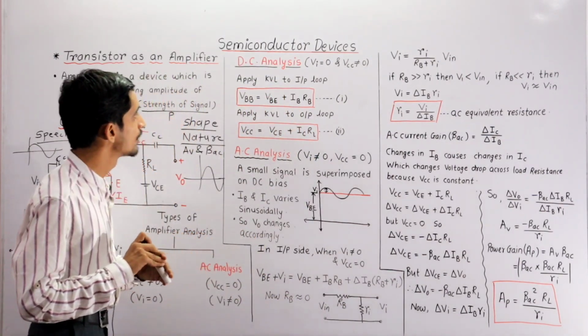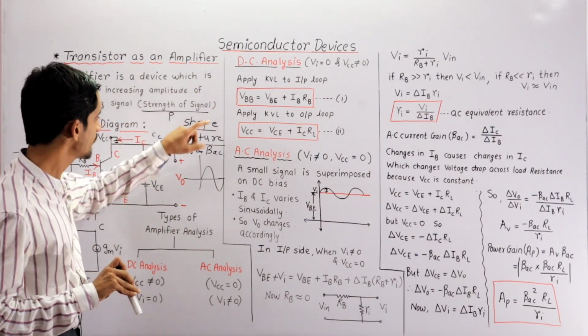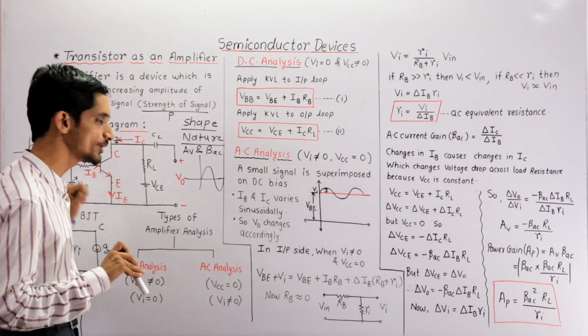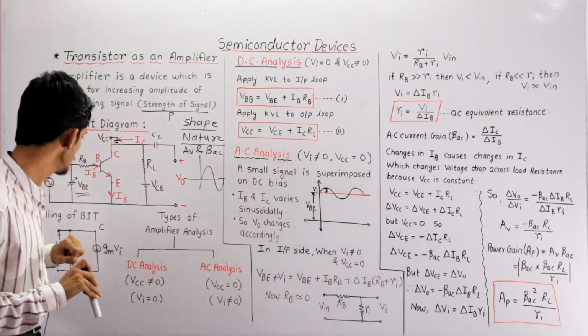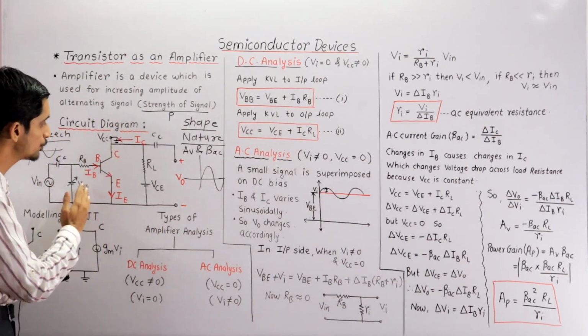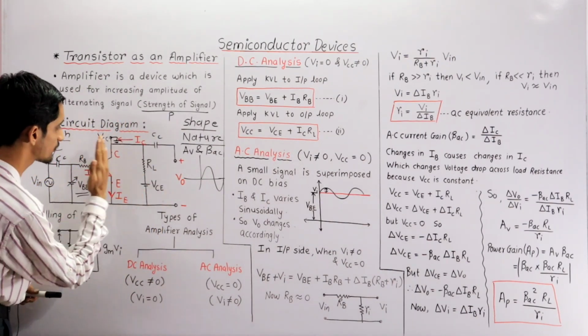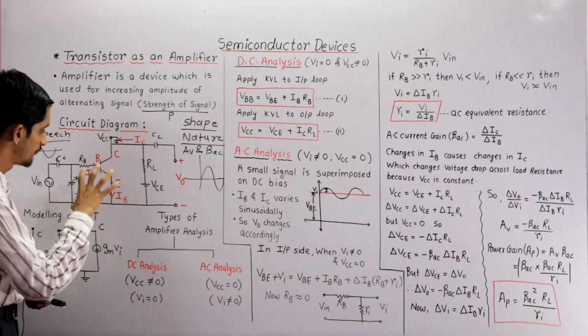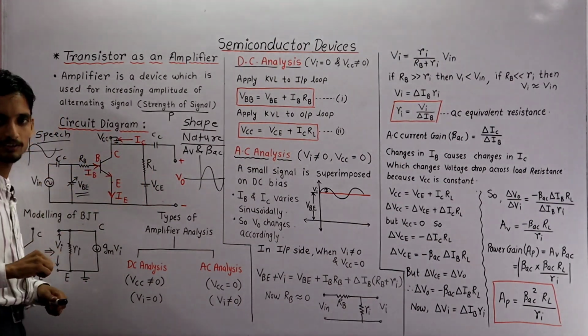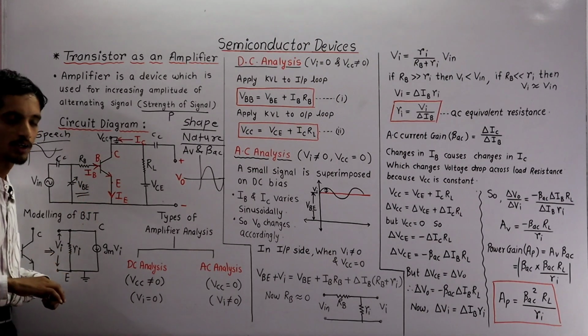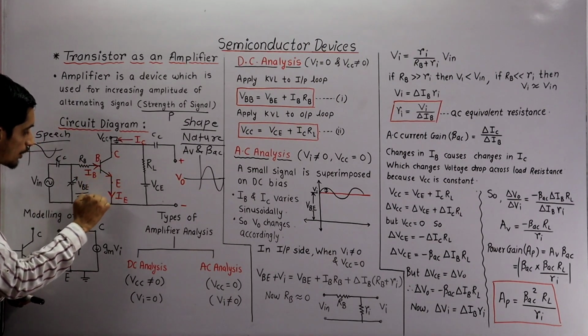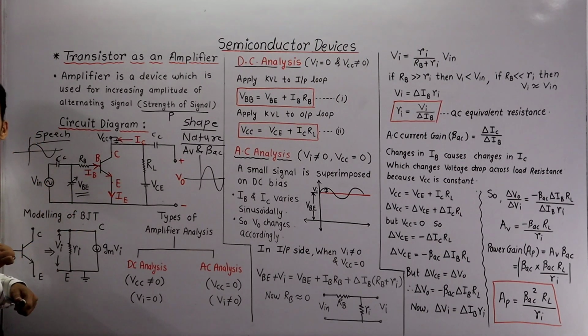Now listen here. In DC analysis, whenever I am applying the DC voltage and the input is reduced to 0, at that time this circuit is divided into two halves. This is the input side, this is the output side. Whenever I am analyzing the input side, this is a closed loop, and in this closed loop I am going to apply Kirchhoff's voltage law.